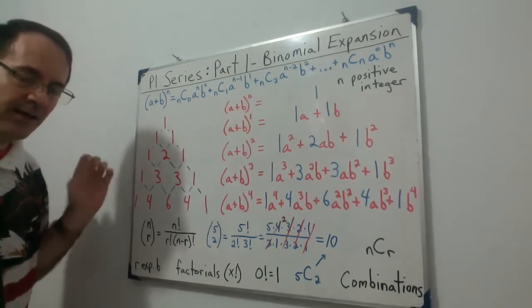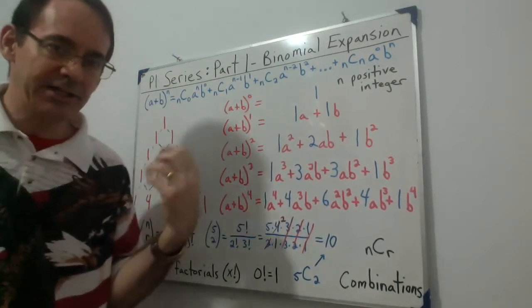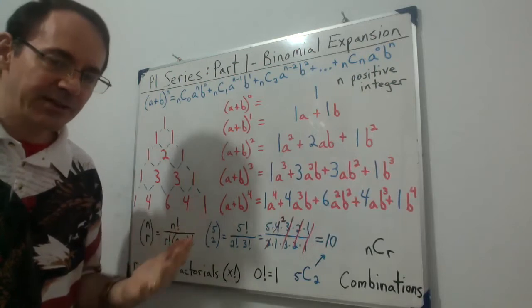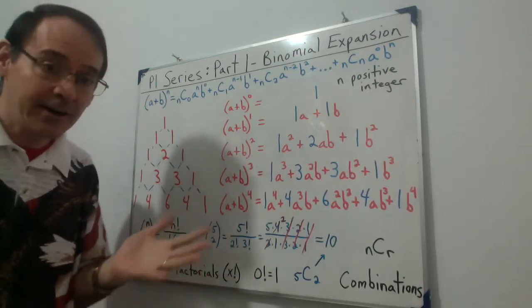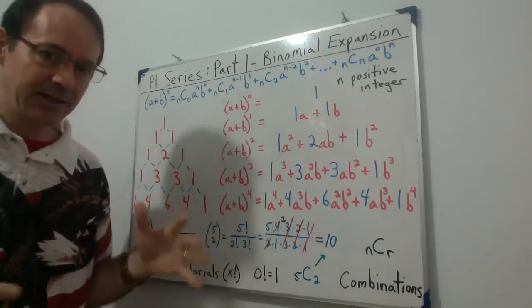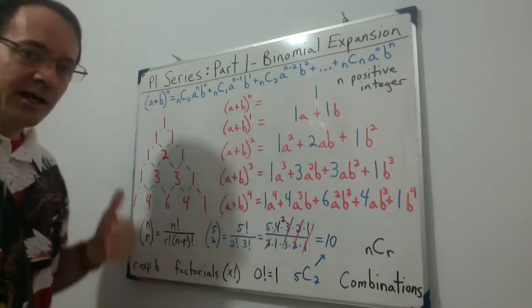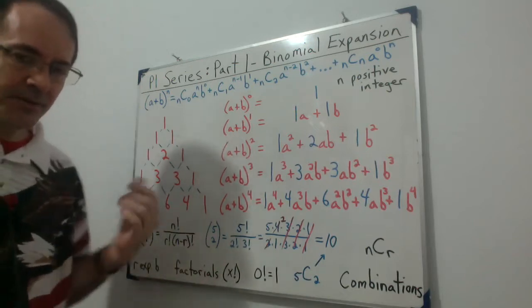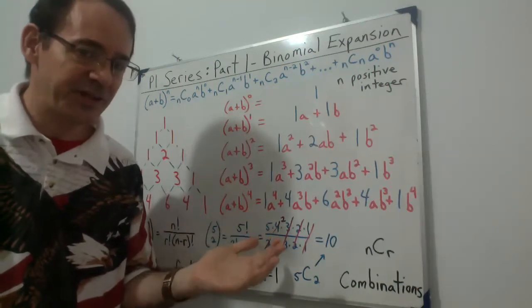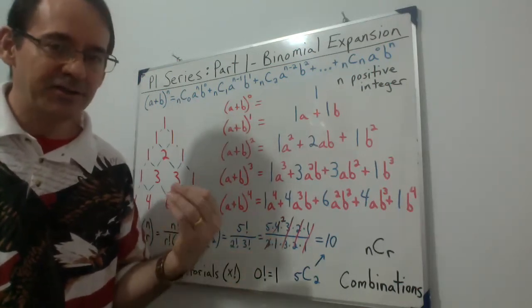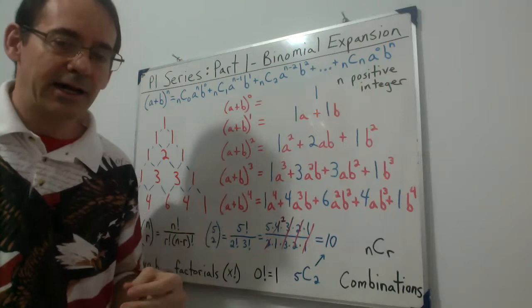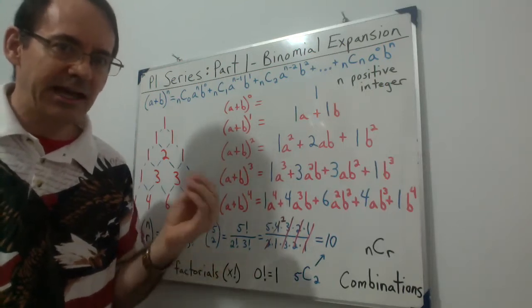Now, Pascal lived in Europe, and actually, to be fair and honest in mathematical history, you can find this, I think, several centuries earlier in some Chinese writing by a guy named Yang Hui.